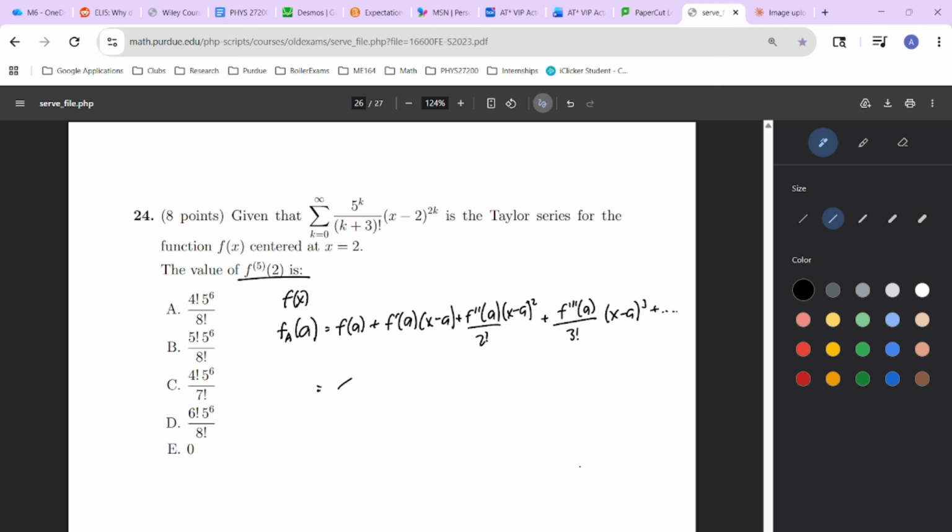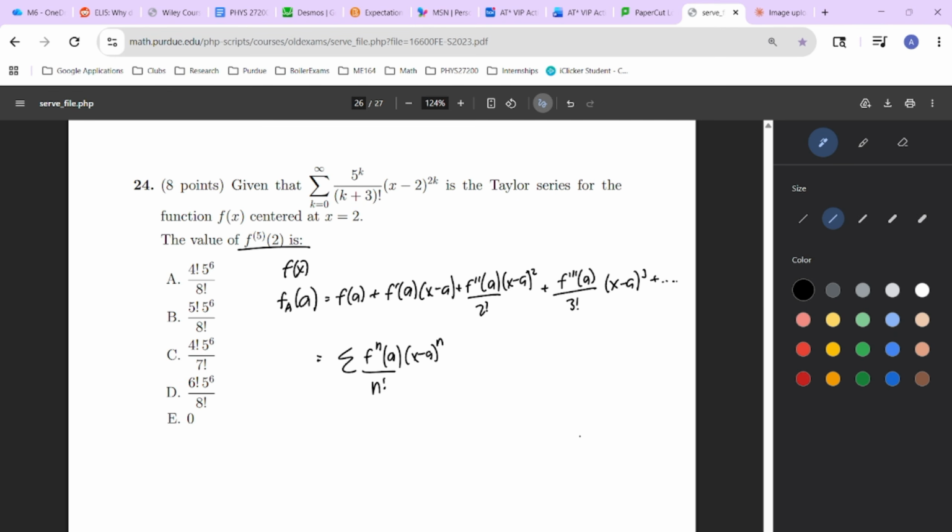That means it would be equal to the sum of the nth derivative of f centered at a multiplied by x minus a to the nth power over n factorial.